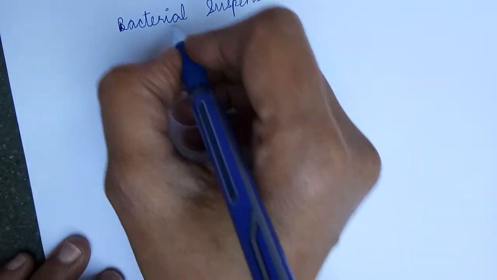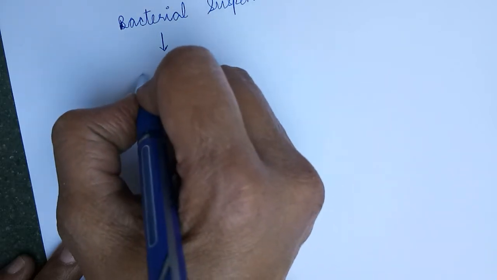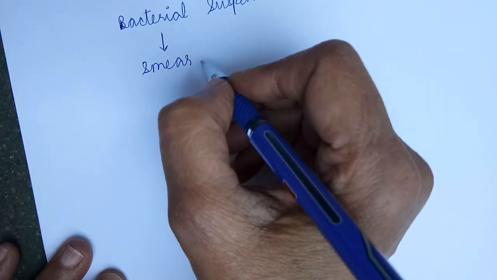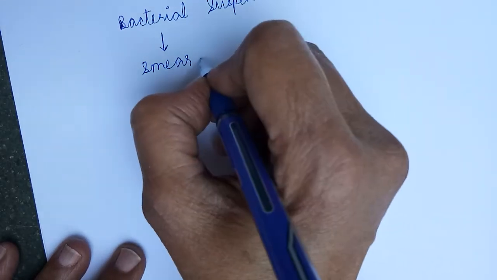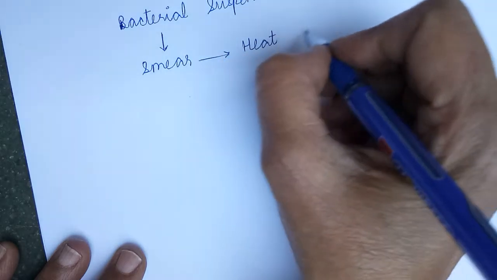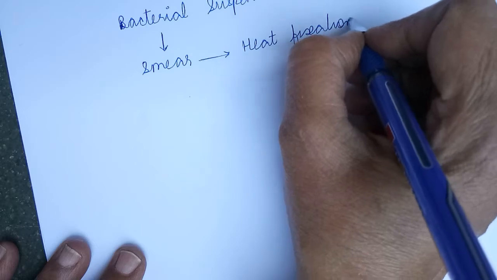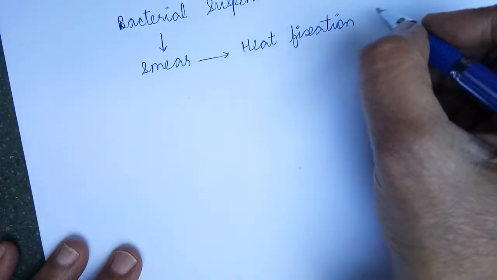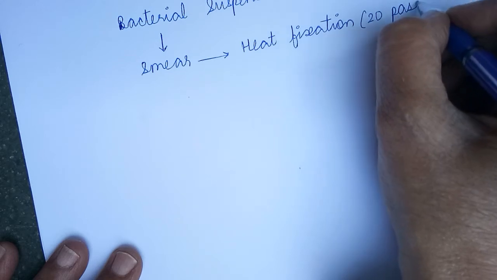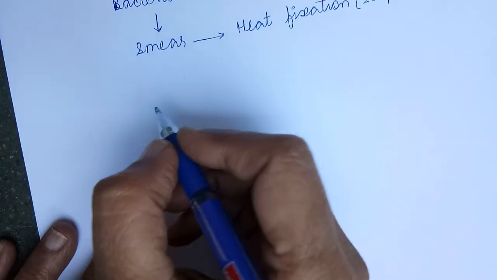With the help of this suspension, using a nichrome wire, we prepare a smear, and then it is fixed. That is called heat fixation, and here heavy heat fixation is to be done because we are working with spores. So that is 20 passages of the slide through the burner.